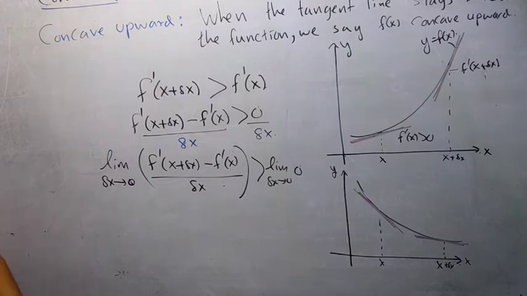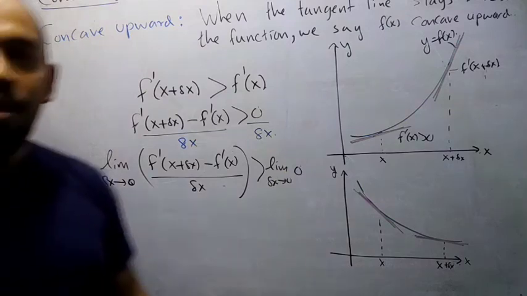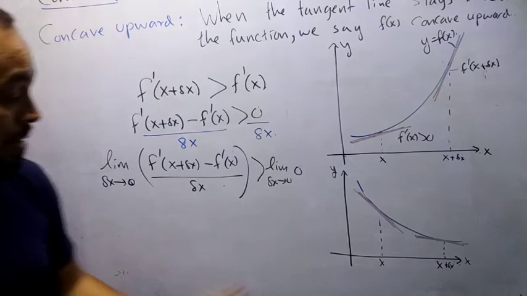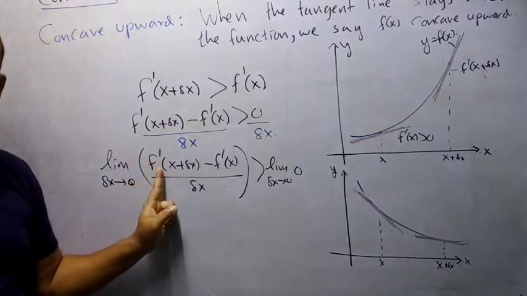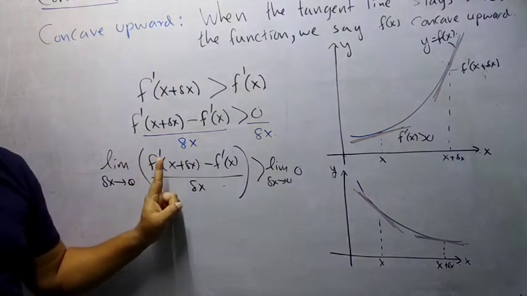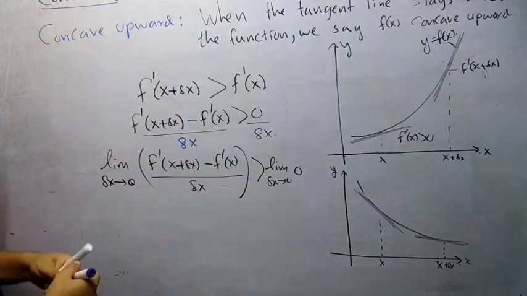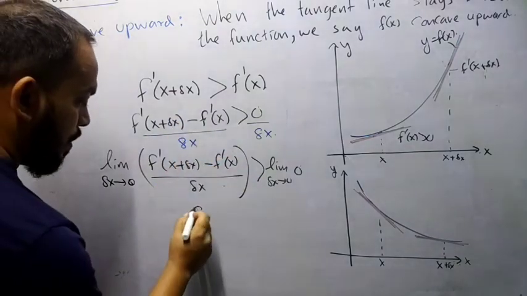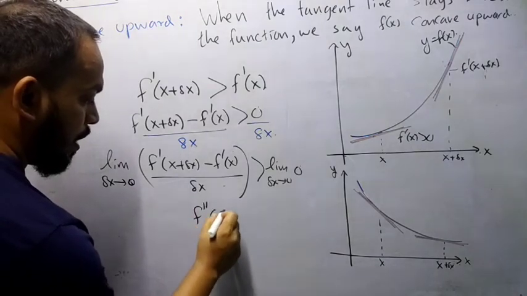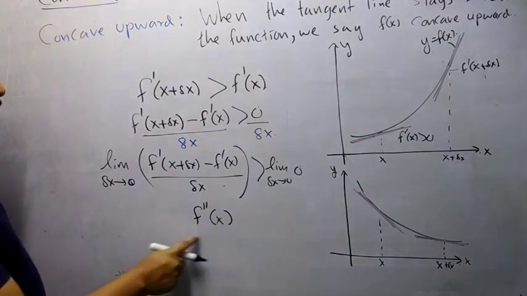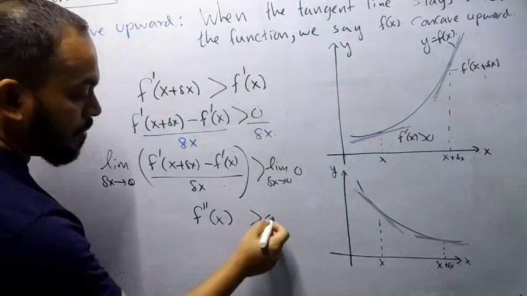So what is the definition of this one? This is the definition of the second derivative, because the function has already been differentiated one time. If you differentiate that function again, you get the second derivative. So what does that tell you? The second derivative is positive.